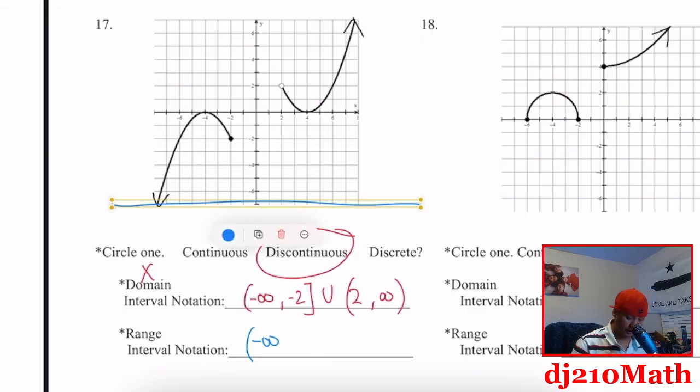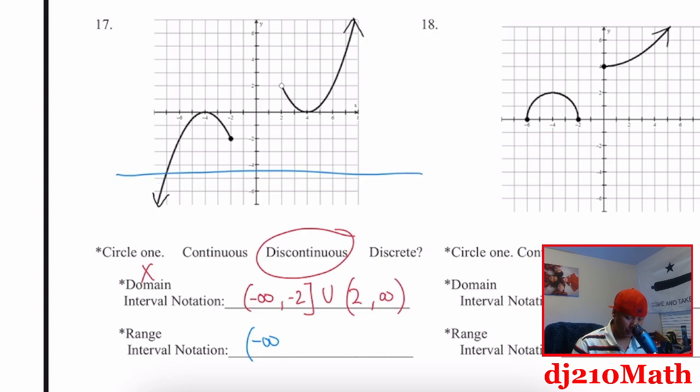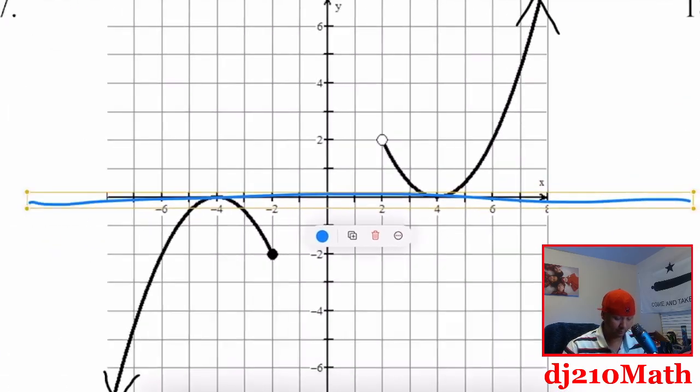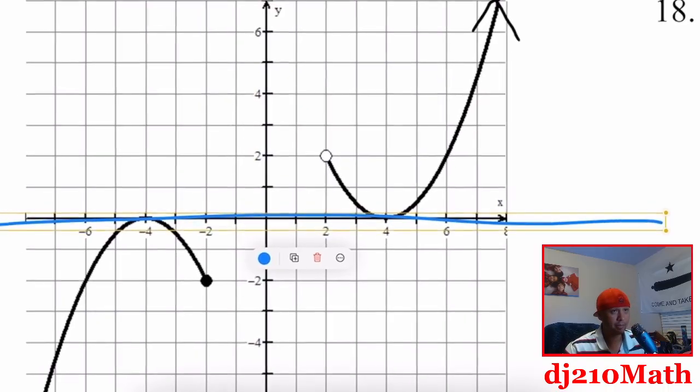So as you move up, what is the greatest y value that this left function has? So it's going to be 0, right? Because it's right there on the line on the x-axis.